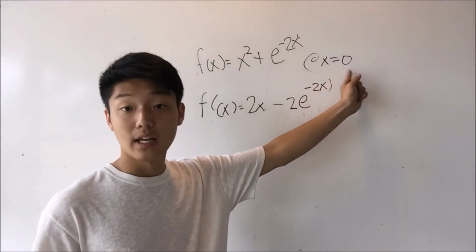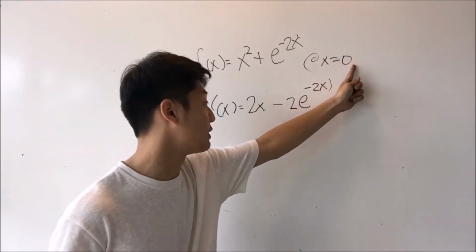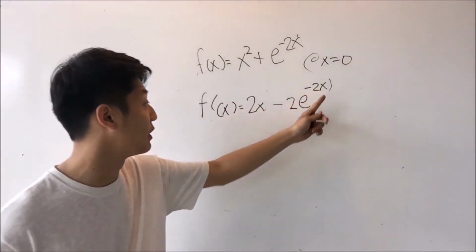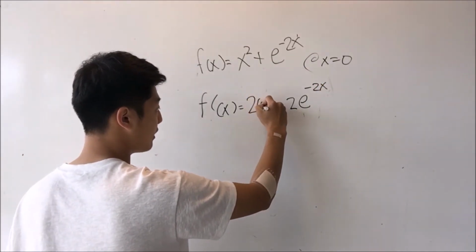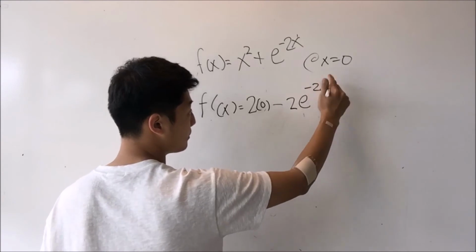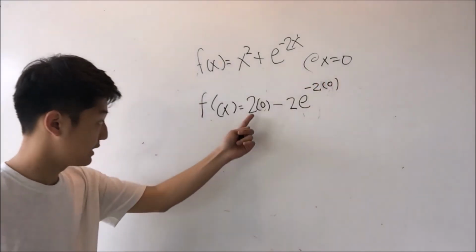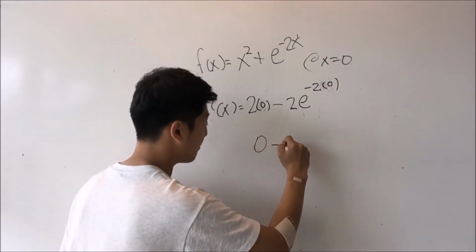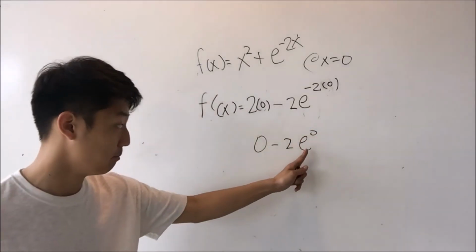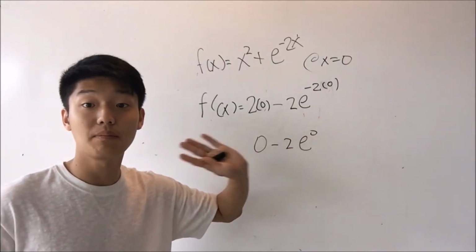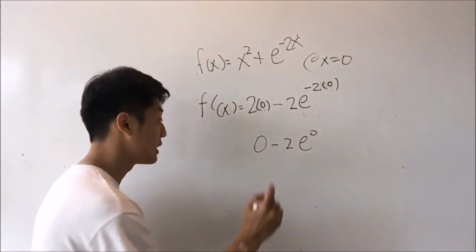Because the given point is x equals 0, you have to plug in x equals 0. Plugging in 0 here and here, the first term becomes 0, so we have minus 2, and e to the power of 0 will always be 1.